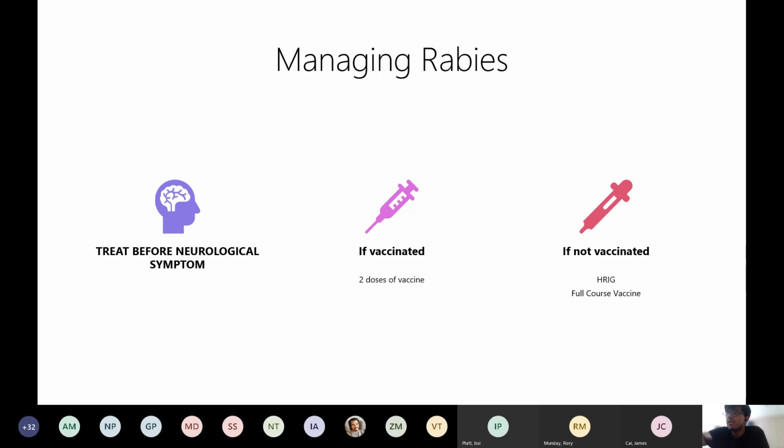Anyone know what you do? So if they've not been vaccinated, what you do is you give them the immunoglobulin and then you give them a full course of the vaccine.